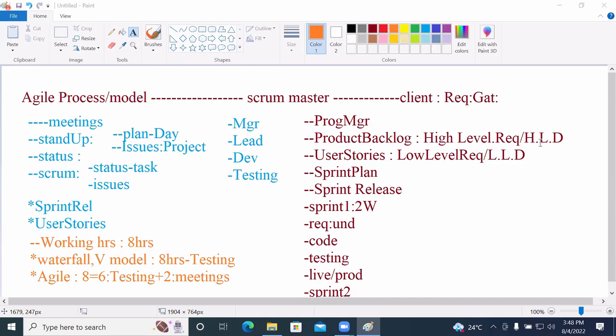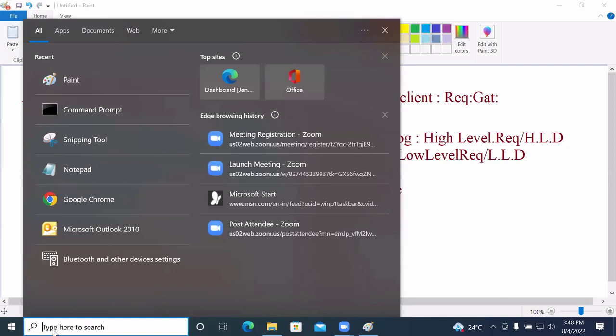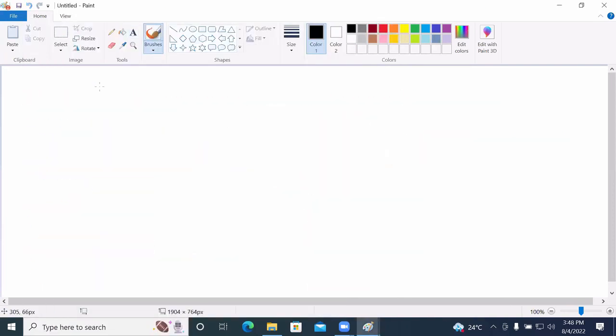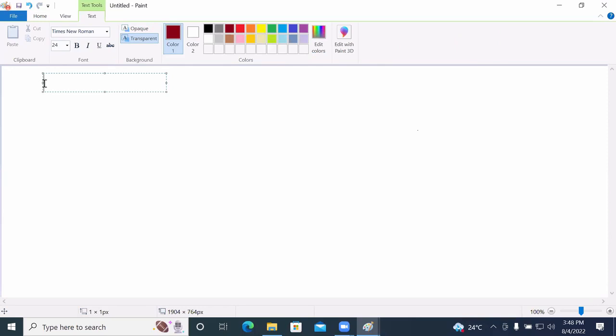With any of these models, we cannot go through everything in practical. Only the testing activities, how they have to be done, that we will take into the practical. That practical, you need to understand with the help of the project.